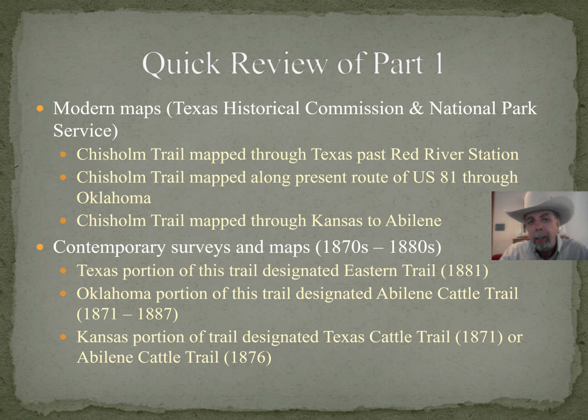But when we look at the contemporary surveys and maps from the 1870s and 1880s, we see that the Texas portion of this trail is designated as the Eastern Trail. The Oklahoma portion of the trail is designated as the Abilene Trail or Abilene Cattle Trail. And the Kansas portion of the trail is designated as the Texas Cattle Trail or the Abilene Cattle Trail.